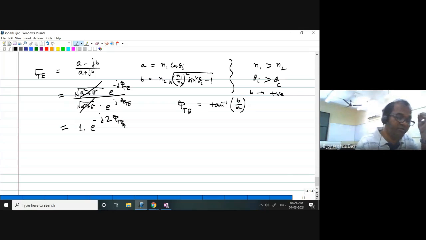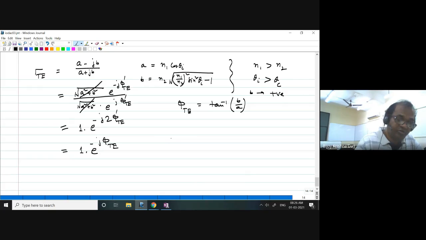Or maybe we can just put a phi prime here. That can be written as magnitude 1 and e to the power j phi TE, with the minus sign.